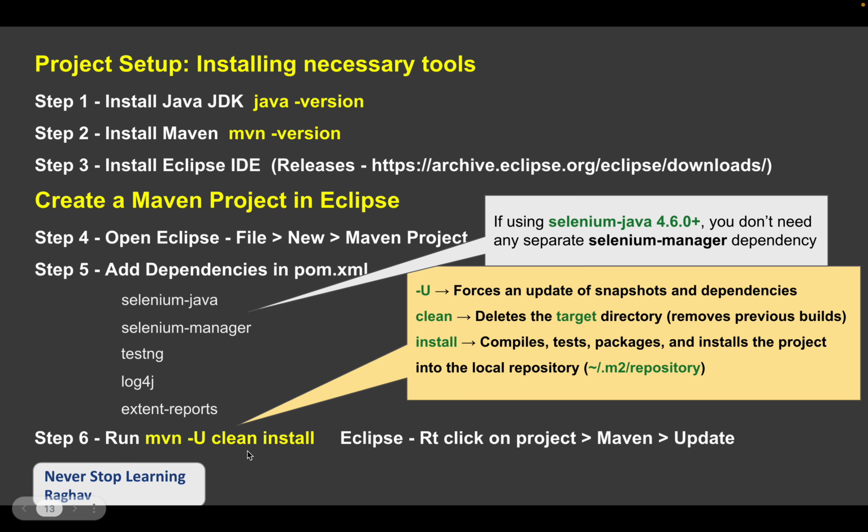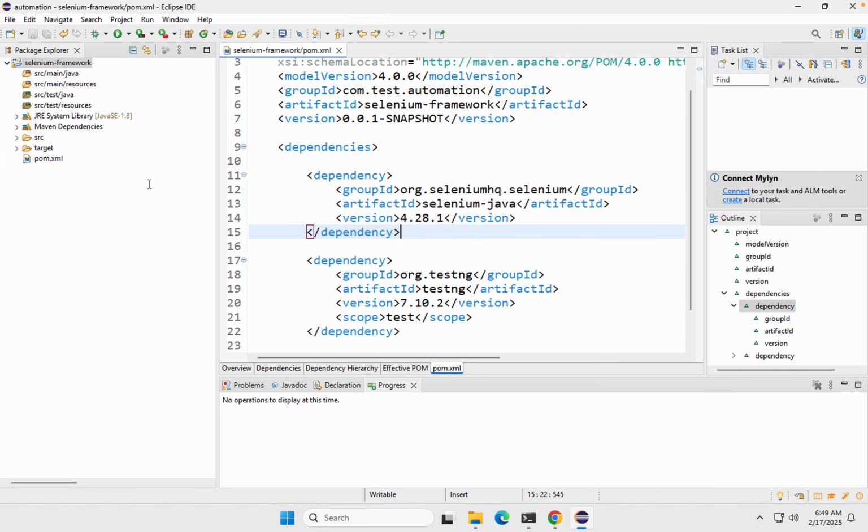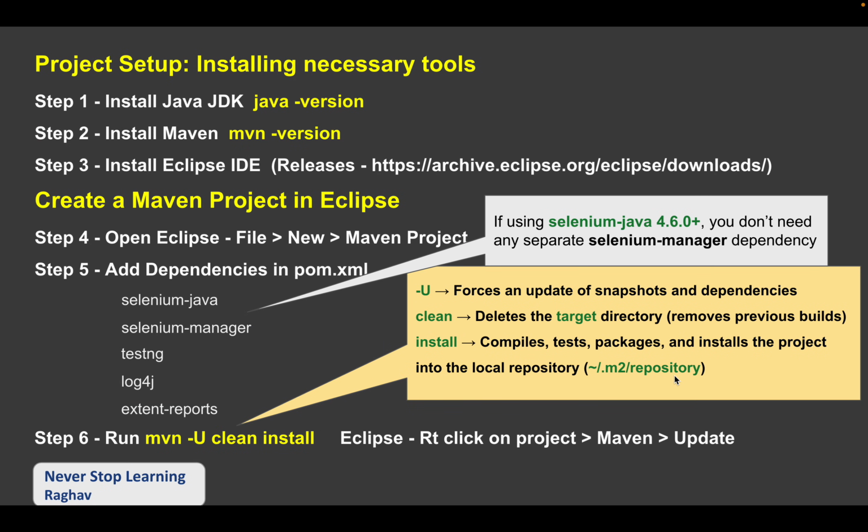Just to give you some details about this command, mvn -U clean install: -U is a force flag or option which forces an update of snapshots and dependencies. So all the dependencies of the project will be forcefully updated. Clean means it will delete the target directory. You will see there is a target directory, and it will clean everything and remove any previous builds.